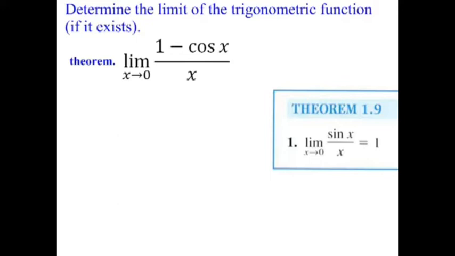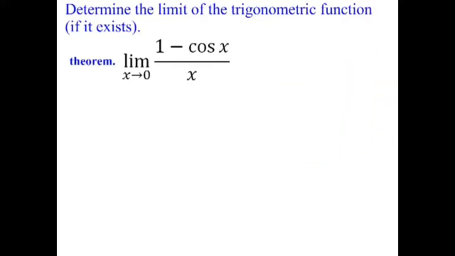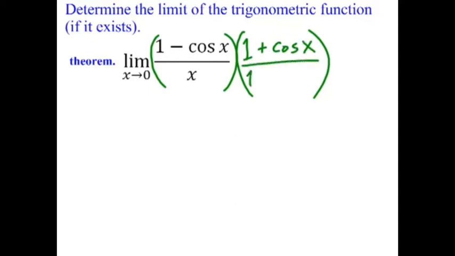For that, let's start. I know the value of 1 minus cos square x, so I will try to make the numerator 1 minus cos square x. For that, I will multiply by 1 plus cos x in the numerator as well as 1 plus cos x in the denominator. Now when I multiply 1 plus cos x in both numerator and denominator, the result will be the following.